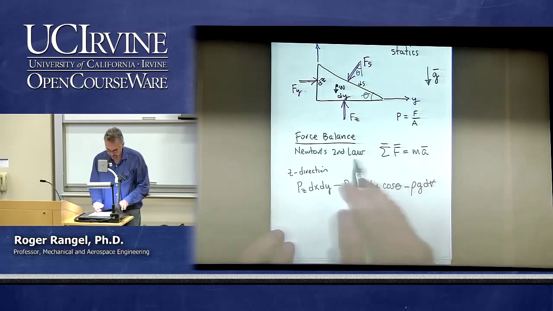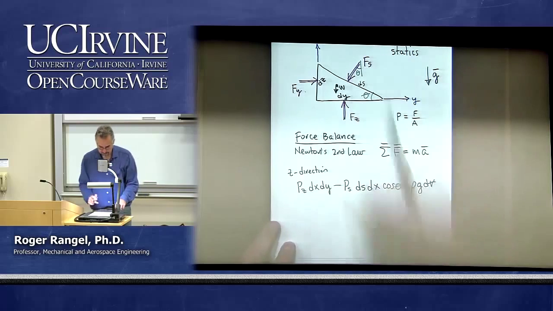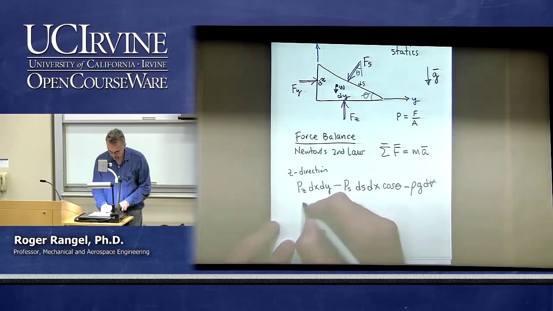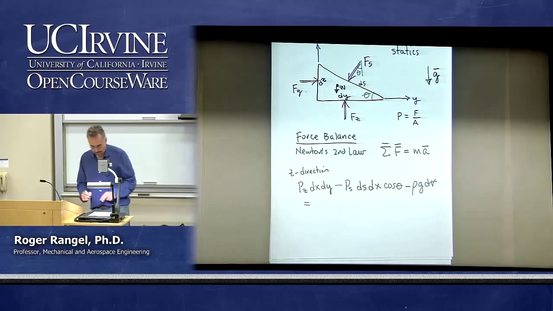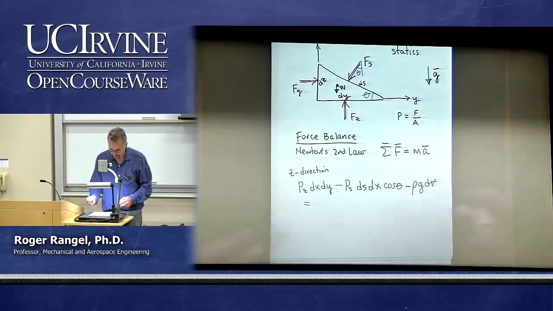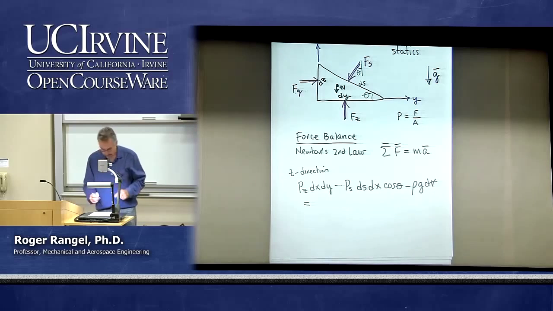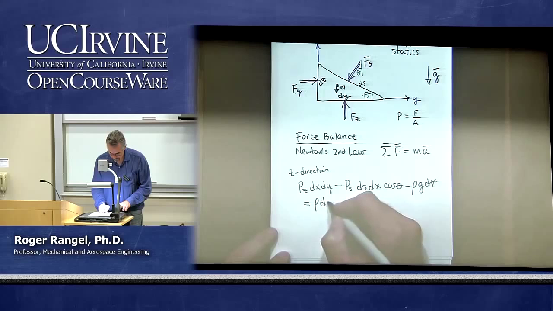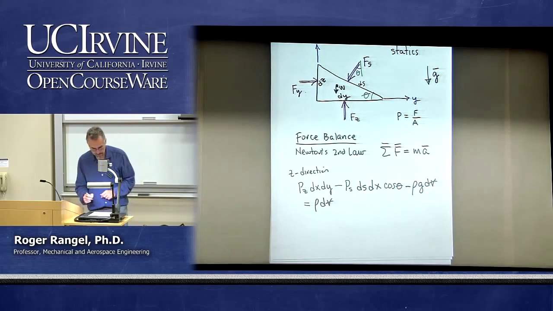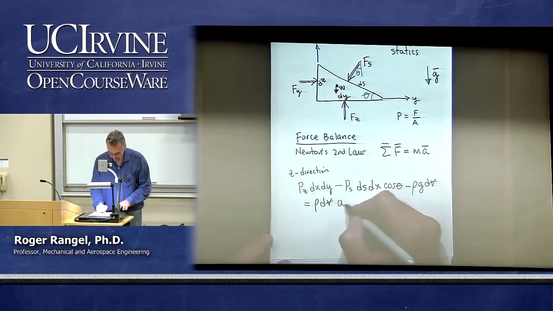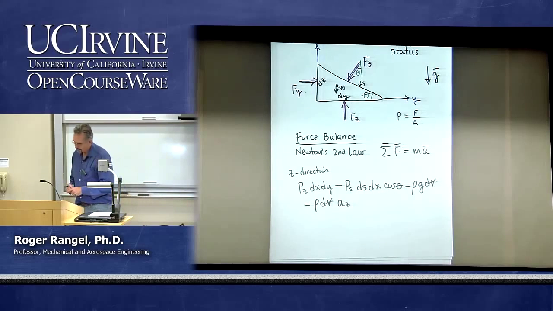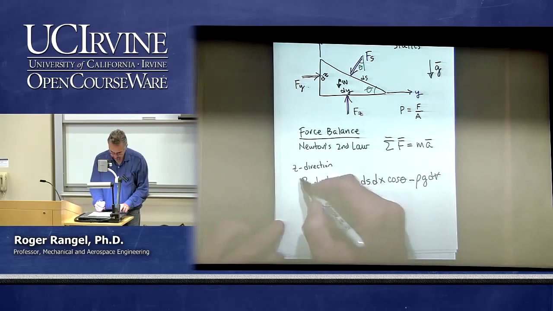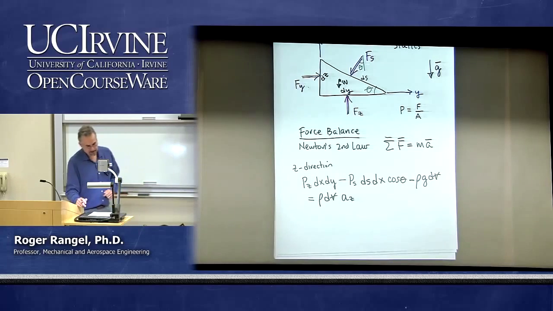So those are all the forces that are acting in the z direction, and therefore that must be equal to the mass times the acceleration in the z direction. So I will say that this is rho dv, which is the mass, times the acceleration in the z direction. So I have this expression. This is my force balance in the z direction.